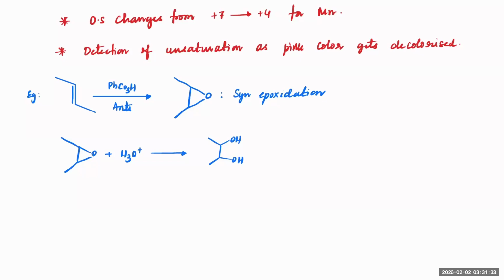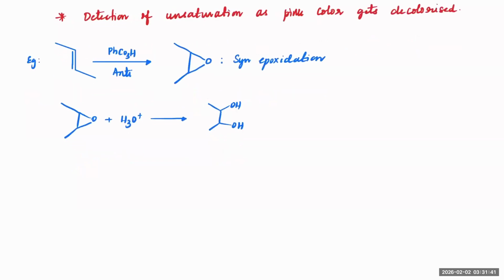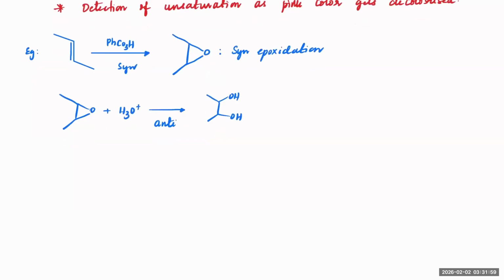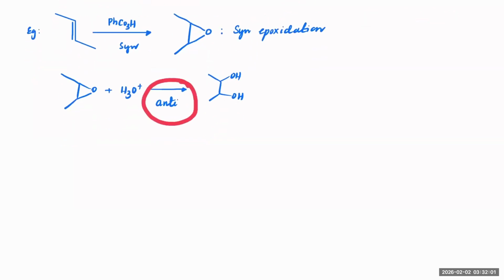Got it? Now, the overall reaction with H3O+ here is an anti-addition. Okay, overall is anti. This step I'll write down as syn because I have not written the overall reaction. Now, this step is anti.